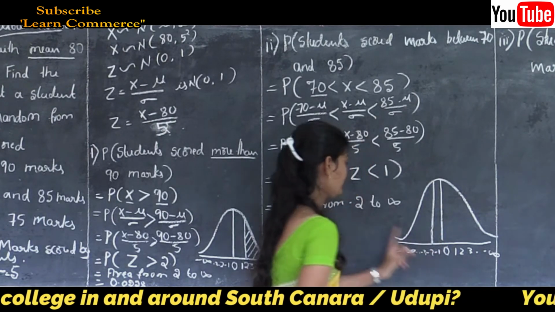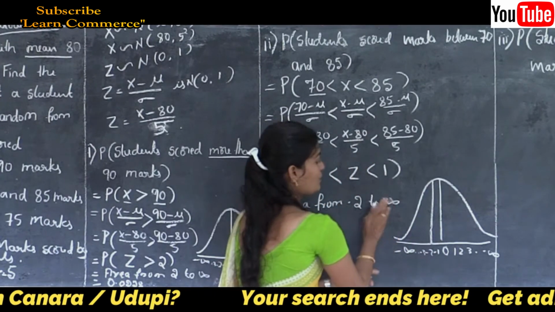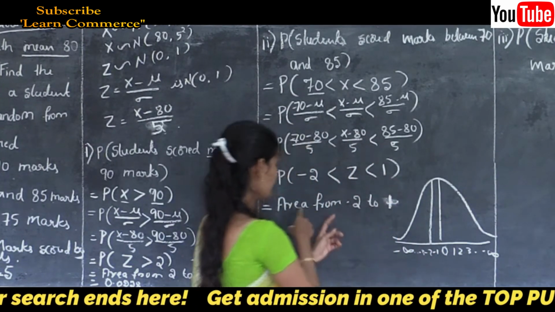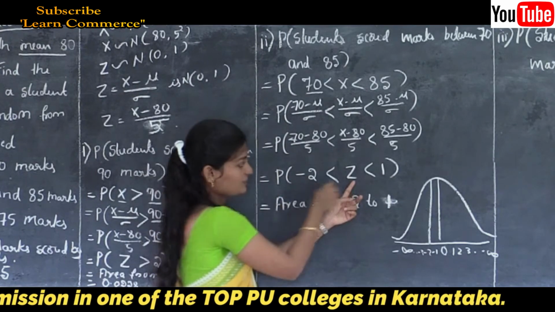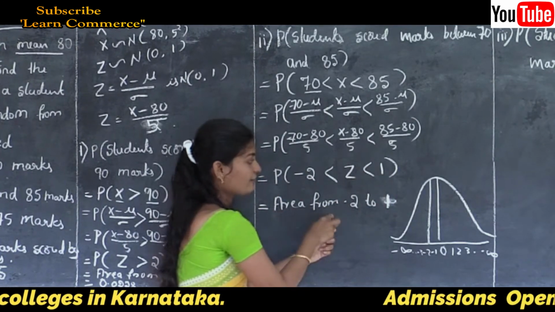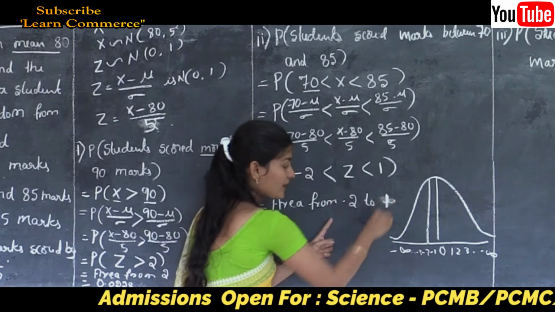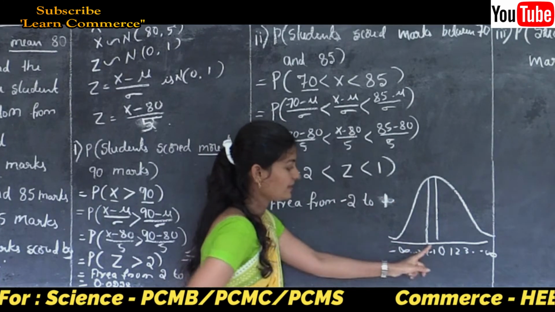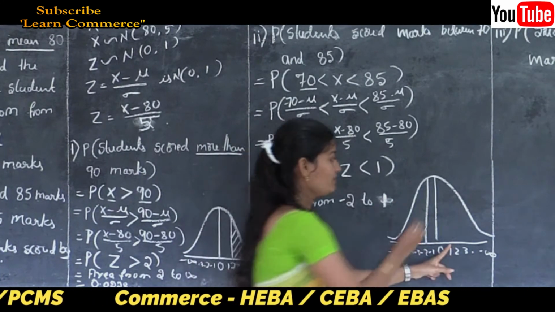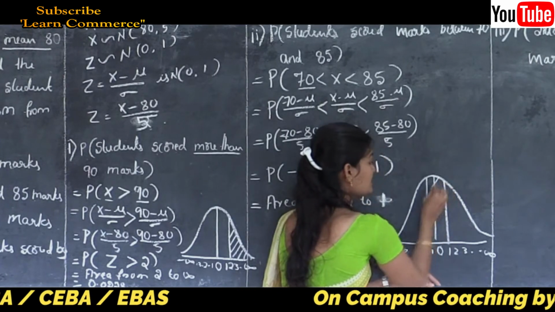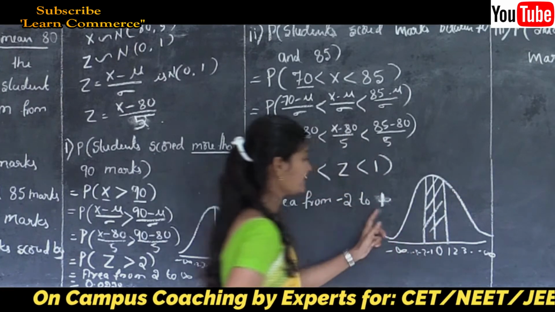I will mark it here. The next is minus 2 to 1. Z lies between minus 2 and 1, so I will write area from minus 2 to 1. Minus 2 is here, then 1 is here. I will mark it here. This is area from minus 2 to infinity.